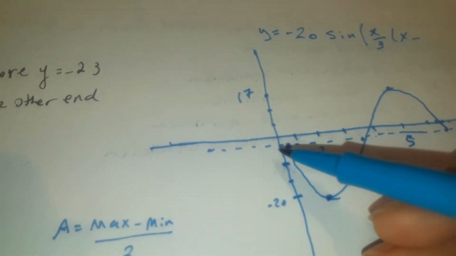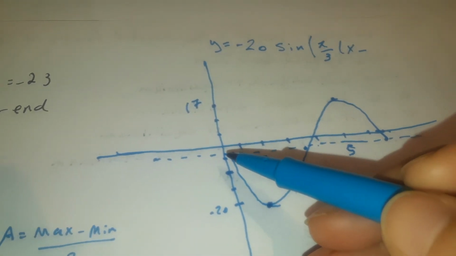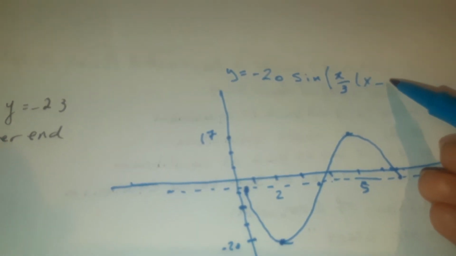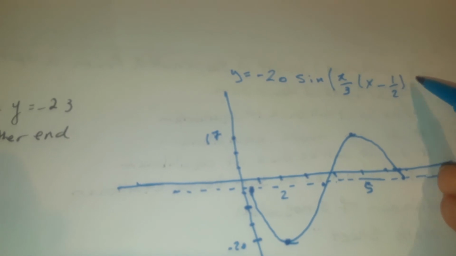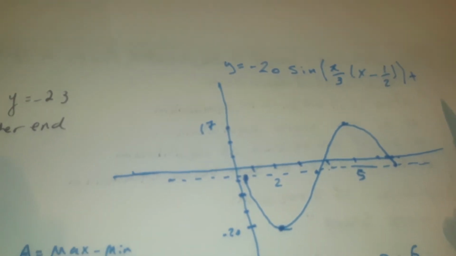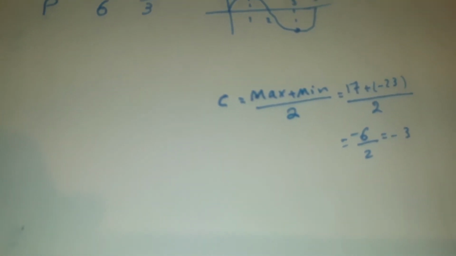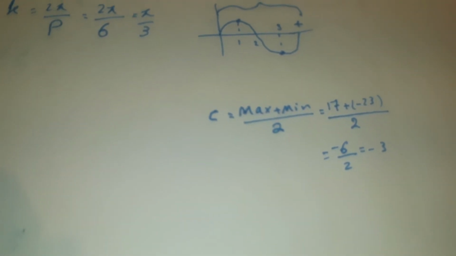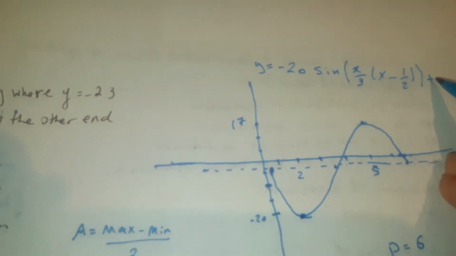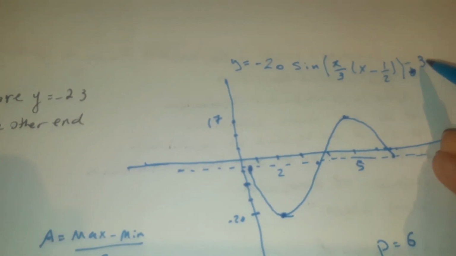What is the phase shift? As you see, this is 0.5, right? So I just put 1 over 2 or 0.5. And the axis of symmetry, I did calculate that. See this one? The midpoint is going to be negative 3, right? So it's going to be minus 3 here. So that's going to be my equation.